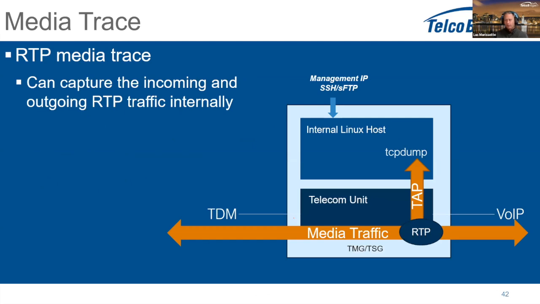And the better way is to do a media capture. Okay? So when we do a media capture, we will go on the RTP processing here. We will configure it so that we can do port mirroring. The port mirroring will usually take data coming in from VoIP and from TDM and send it to the internal host here.